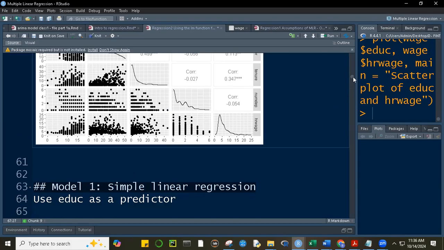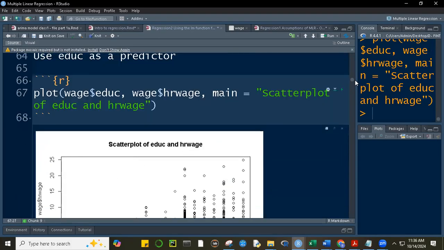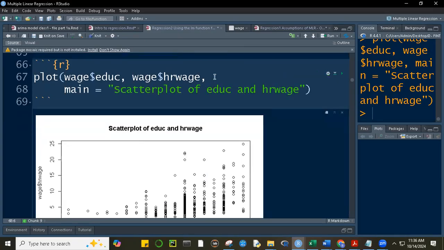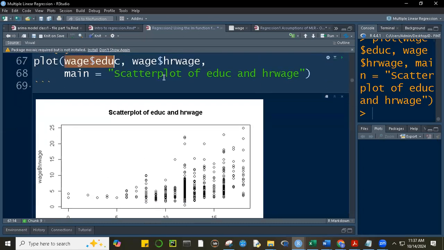Pareho lang siya. Let me pause for a while, class, and allow you to catch up with the code itself. You can see, class, that whatever is placed here will be your x-axis, no? Ayan, wage education, and hourly wage.